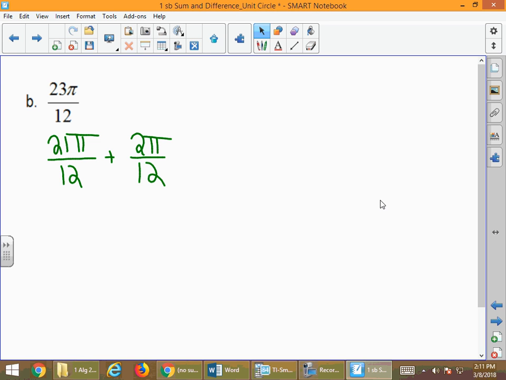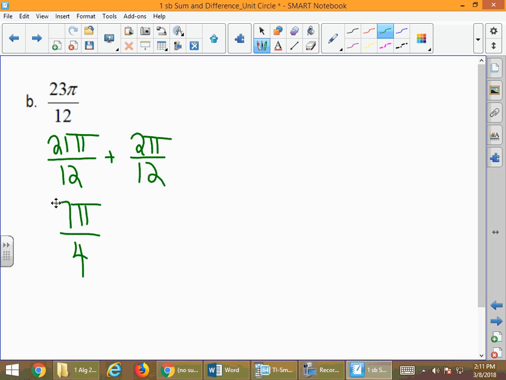So if we simplify 21 over 12, well, 3 goes into 21 7 times, and 3 goes into 12 4 times. Do we know 7 pi over 4 on the unit circle? Yeah. 2 pi over 12 is pi over 6. Do we know pi over 6 on the unit circle? Yes.